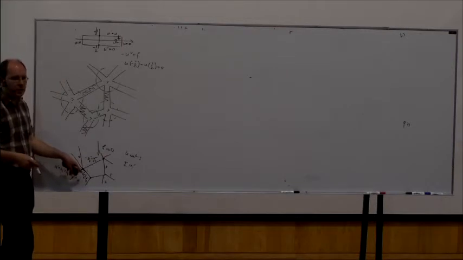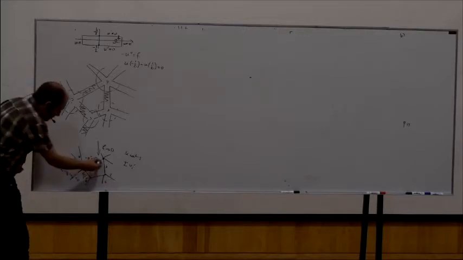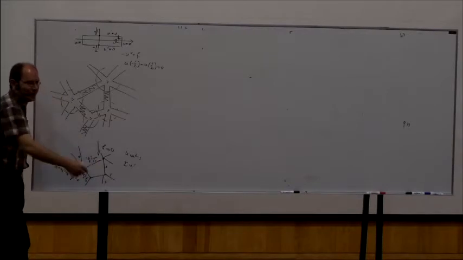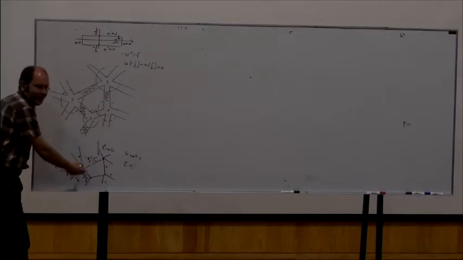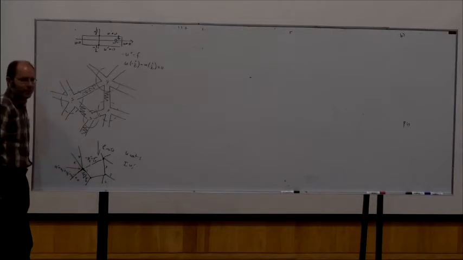If you walk, with people measuring the potential relative to Earth, along each of these paths, each of these edges, you will arrive with the same potential at that point.